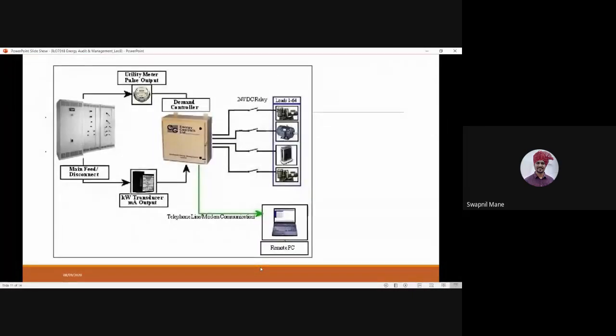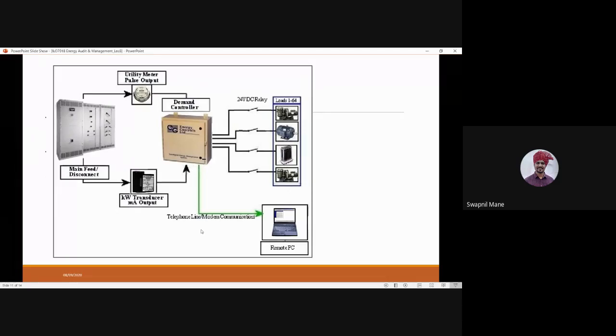This is the maximum demand control. Basically, I told you that maximum demand can be controlled. So the first thing that we do for electrical load management is maximum demand control, which is called demand side management. You must have heard this term.